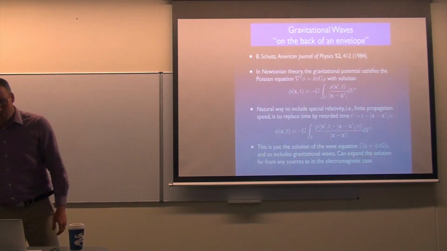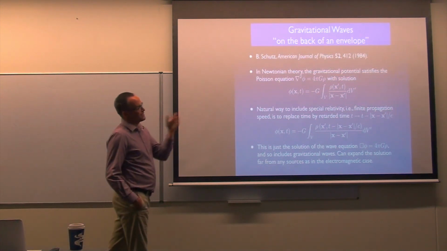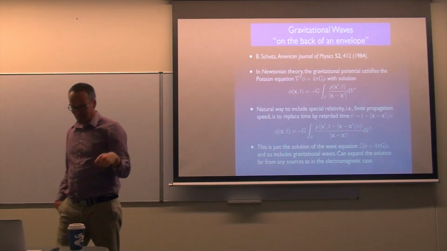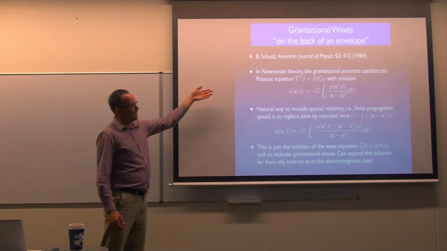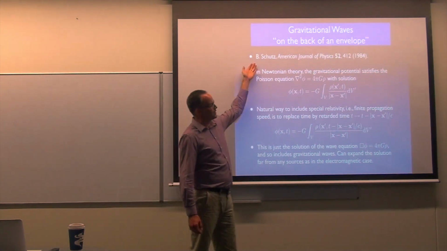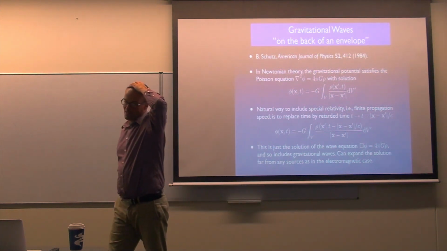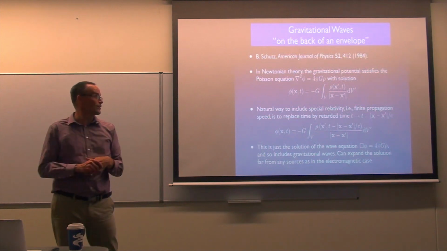Now there's a paper by Bernard Schutz in the American Journal of Physics. It's a sort of public science journal in some sense. It's supposed to be things that high school kids can understand. He has this paper that derives some of the main features of gravitational radiation.